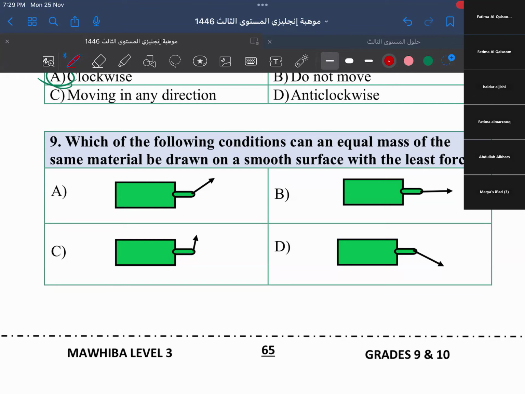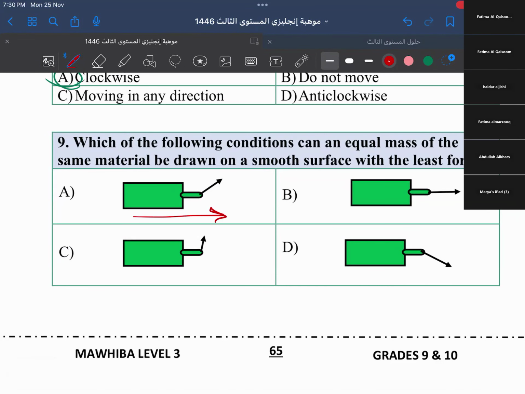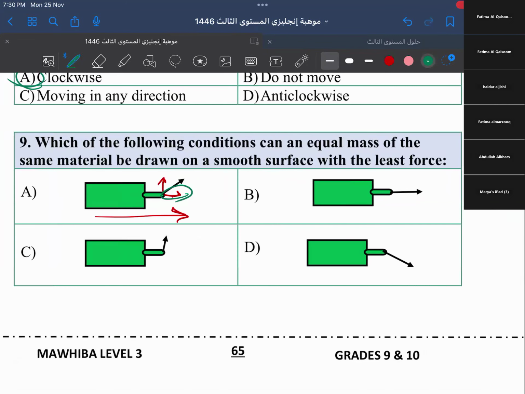A. It's not going to be A. Why? Because here I am trying to move it in that direction. When I pull it up like this, I am exerting force in this direction and in this direction also. So this one would not be my full potential. It's not really exerting force as much as I want. I'm going to need much more force for this one to be enough. And the same here as C, for example.